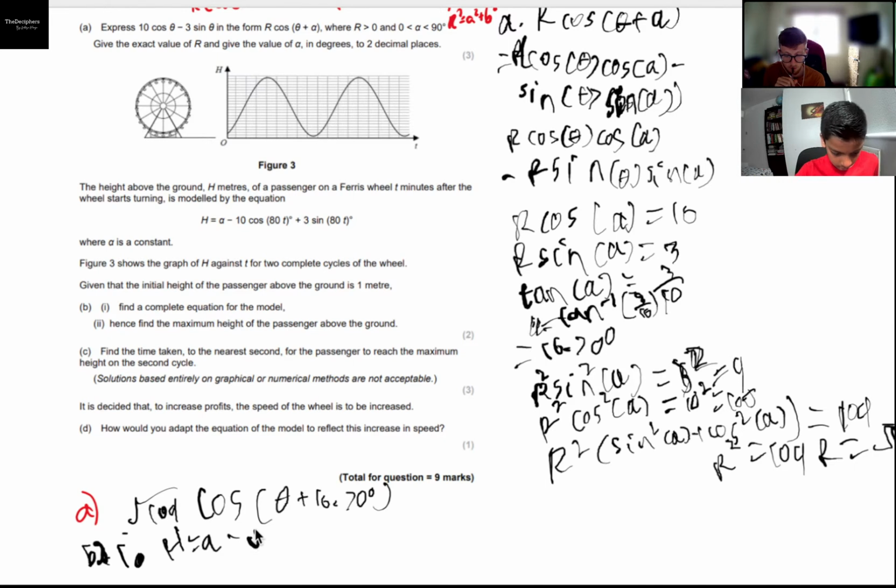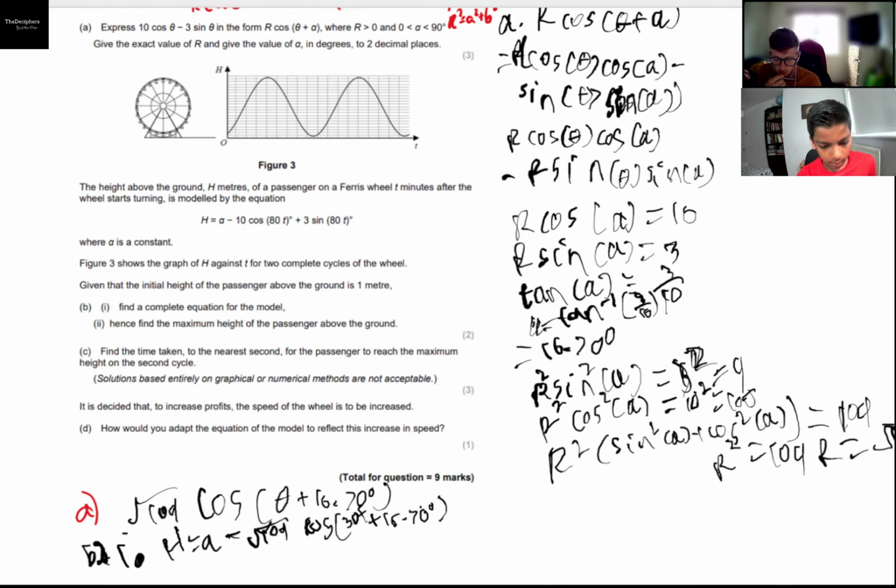So a minus root 109 cos of 30t plus 16.70 degrees. Good, yeah. Now, how are you going to use that initial height?